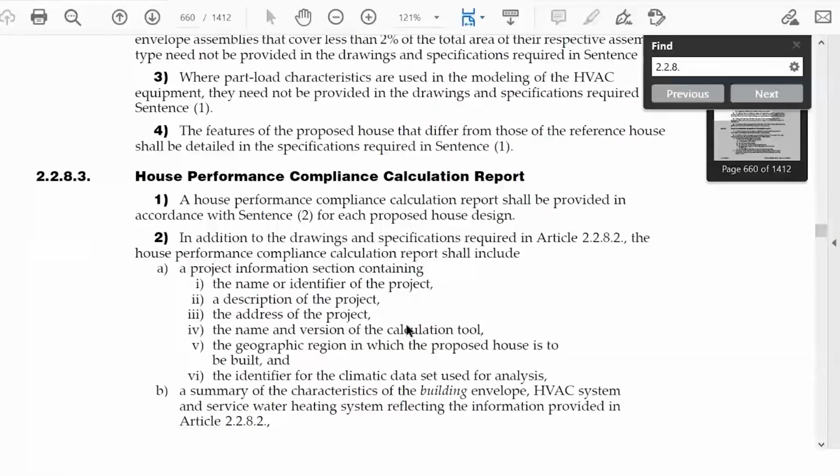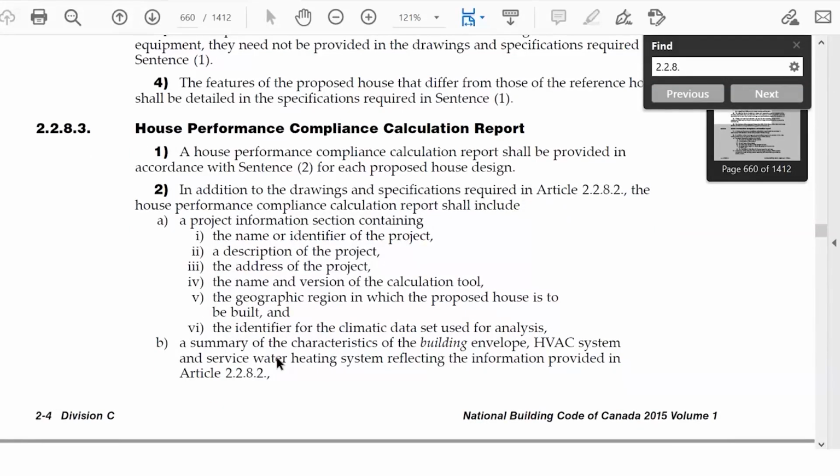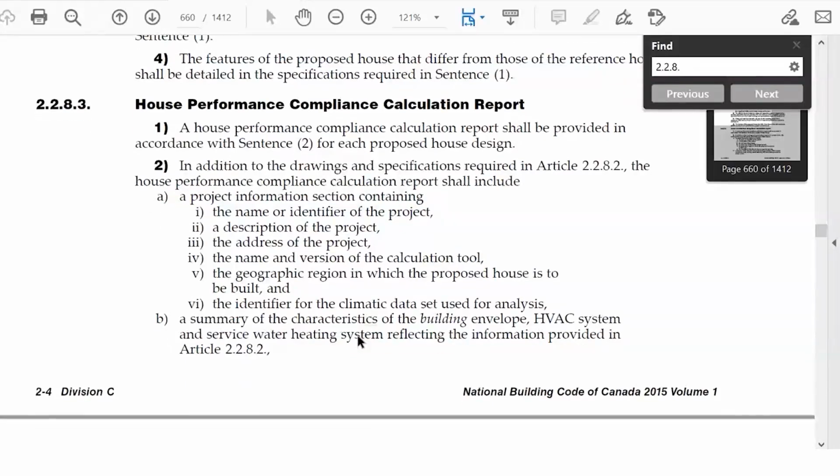And the report itself needs to be provided. It has to include the identifier of the project, description of the project, the address of the project, the name and version of the calculation tool that was used, the geographic region in which the house is proposed to be built, and the identifier for the climatic data set that is used for the analysis, as well as a summary of the characteristics of the building envelope, HVAC system, and service water heating system reflecting the provisions in 2.2.8.2.